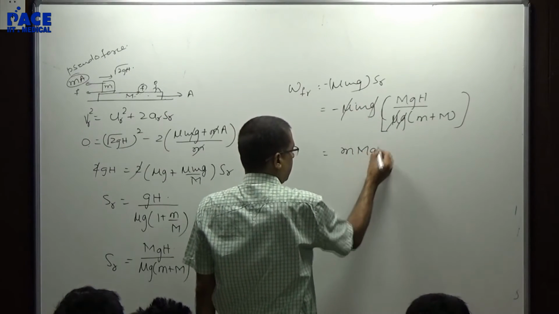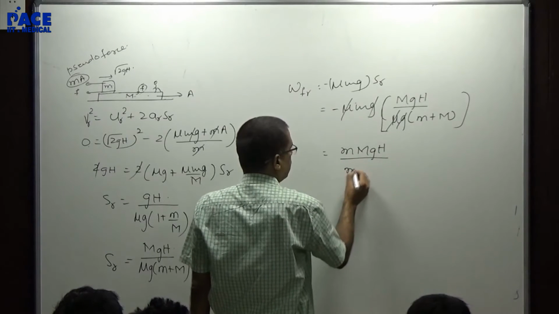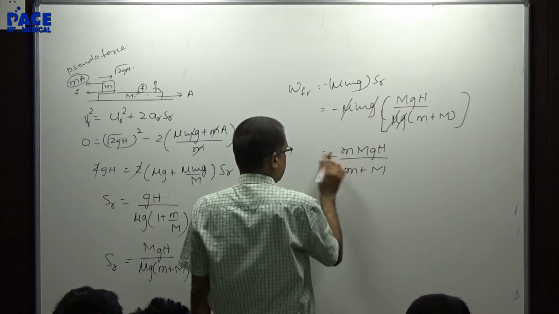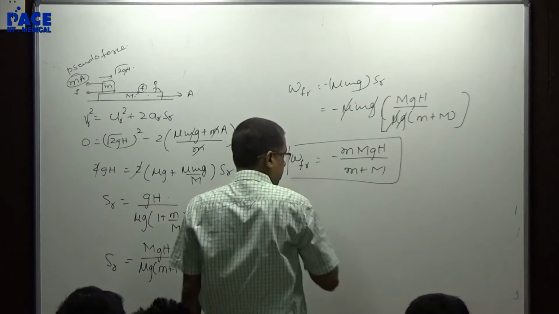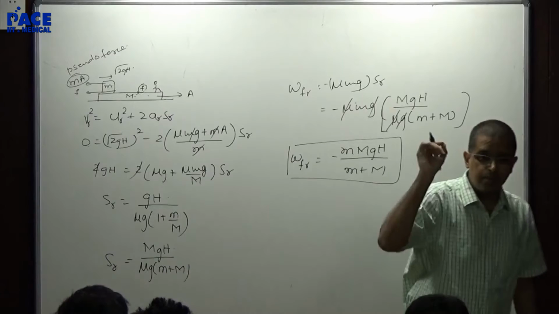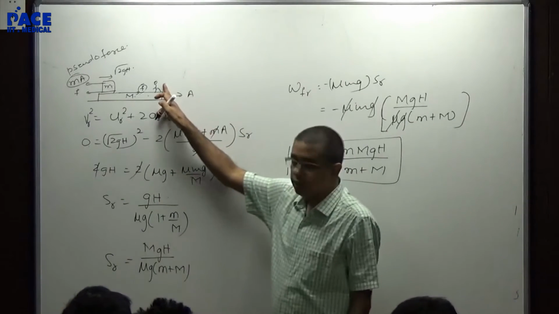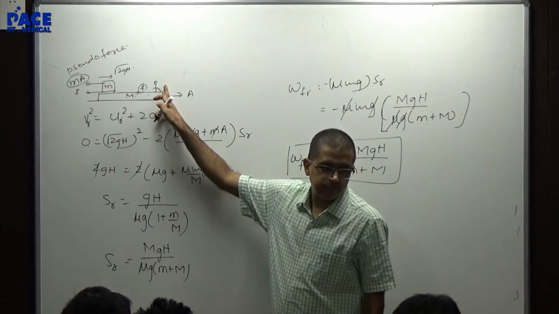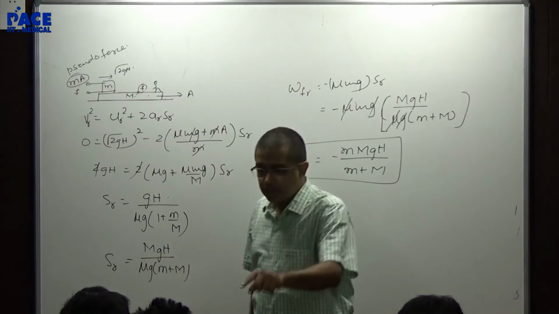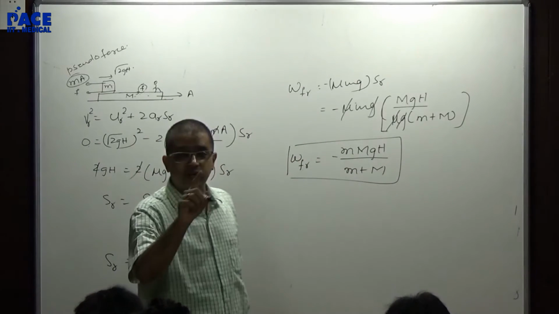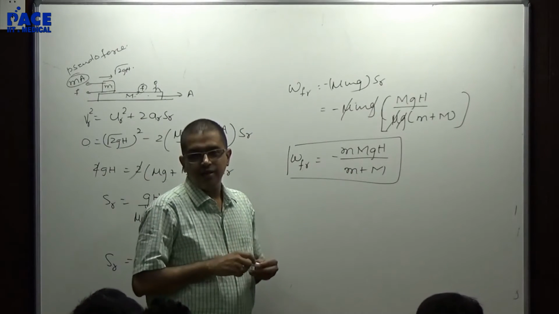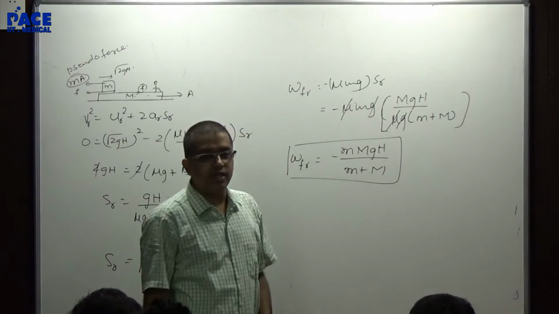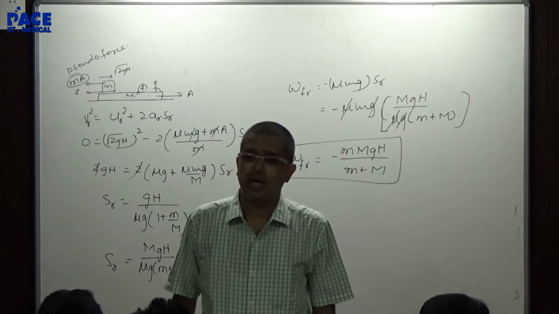Small m capital M gh upon small m plus capital M, with a negative sign, is work done by friction as seen by an observer on capital M. If you turn the page and see, work done by friction with respect to ground also is the same value. It is just a mere coincidence that you are getting the same value.